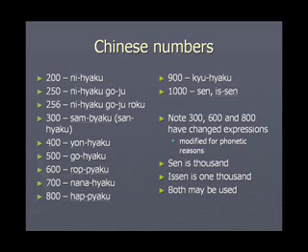Instead of being roku hyaku, it is ropyaku. And similarly, hachi hyaku, that is 800, has become hapyaku. Sambyaku, ropyaku and hapyaku are the three which have been modified to make it easy to pronounce. You have 900 as kyu hyaku and 1000 is sen.